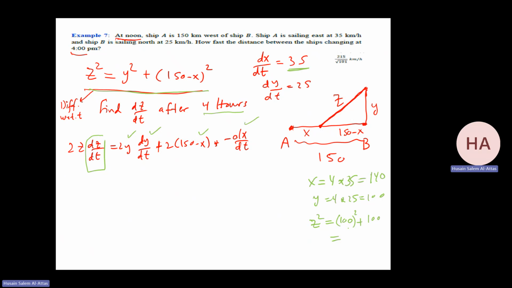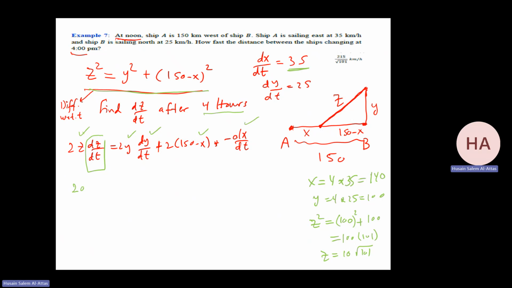So we're talking about 100 squared plus 100, and I can take out 100, getting 100 times 101. So z would be, under the square root, 10 square root 101. So I have z now. Now plug the numbers and find dz/dt.